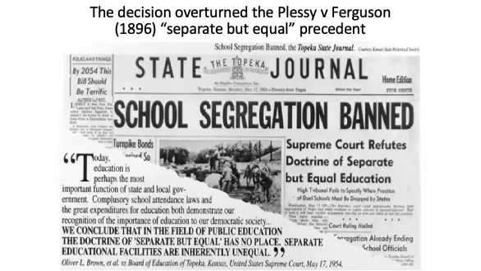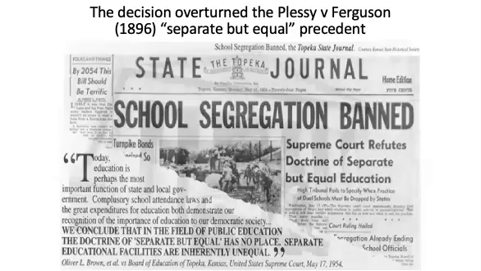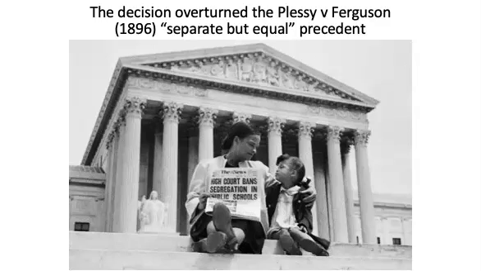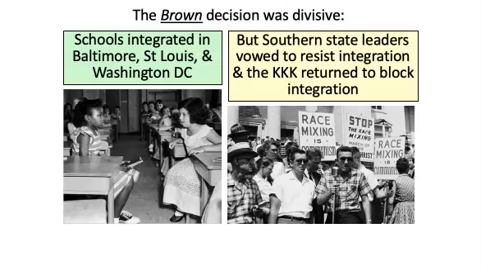Because if segregation in Sector A, let's say, in this case education, was illegal, then it was hard to argue that segregation in some other areas was legal. So this is going to have a huge ripple effect throughout the United States. Now, interesting enough, there's Linda Brown on the steps holding up the newspaper saying that she had won.